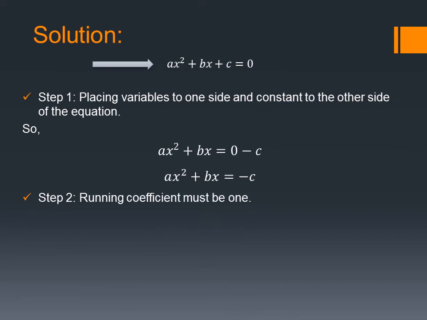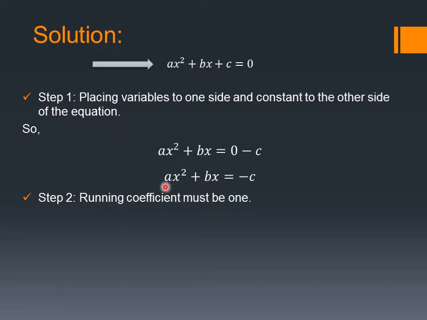Coming to the second step, running coefficient must be 1. What is the running coefficient? Running coefficient is the coefficient with the first term, with the term having x square. So the running coefficient here is a. How to change that a to 1? Obviously, a is multiplying with x square, so we will divide by a to get it cancelled, and the answer will be 1.